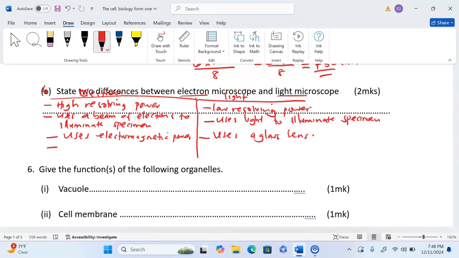The last point we can say is that this one has high magnification power. This one has what we call lower magnification power.